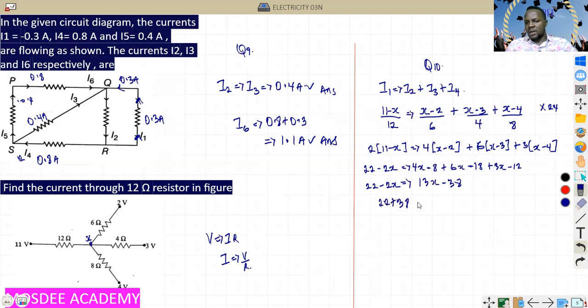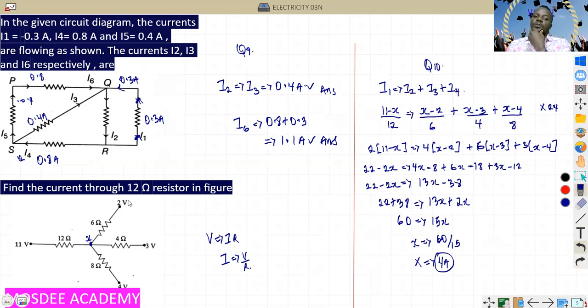I move 38 to the LHS. I have is equals to 13X plus 2X. So directly 22 plus 38 is going to give me 60, is equals to 15X. And X directly will be 60 divided by 15, which is going to give me X is equals to 4. So 4 amps stands for the amount of current that is flowing at that X junction.